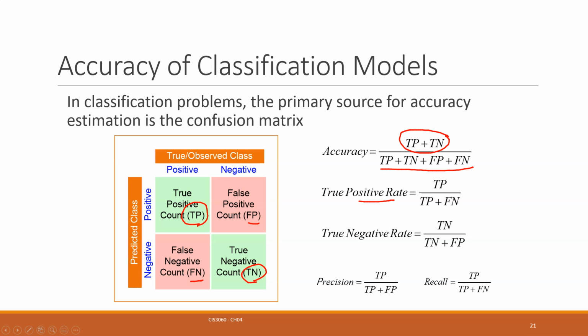Our true positive rate is the number of true positives over the true positives plus false negatives. The true positive rate is really a ratio, if you look at it, of what's concerned in this column. The true negative rate is the true negatives over the true negatives plus the false positives. So really it's looking at this portion here in this column.